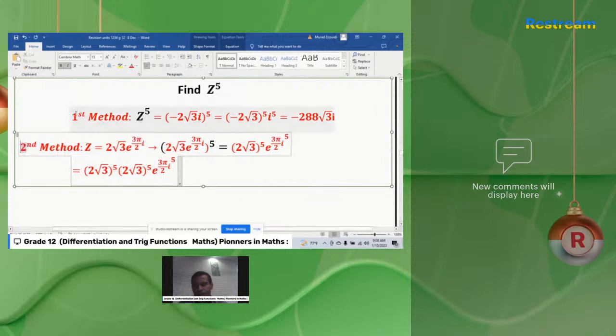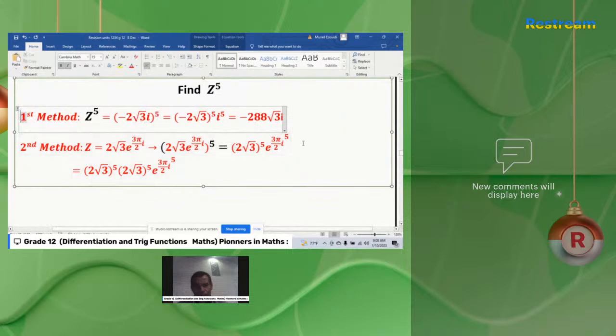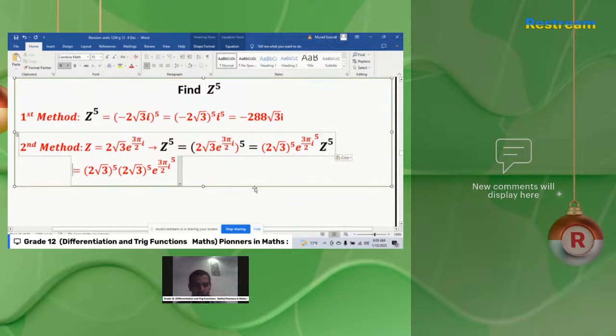Okay. This is in the front. Now we told that z to the power 5 will give me exactly, this is z to the power 5. It was erased by mistake. Okay. Equal. So also therefore I will write it here. Therefore.